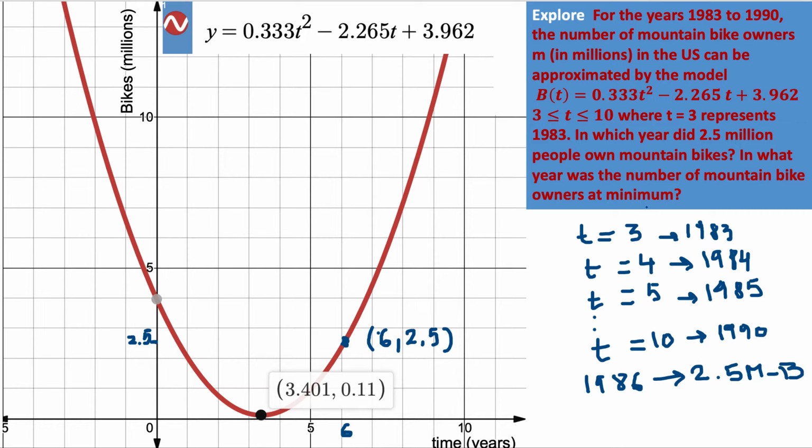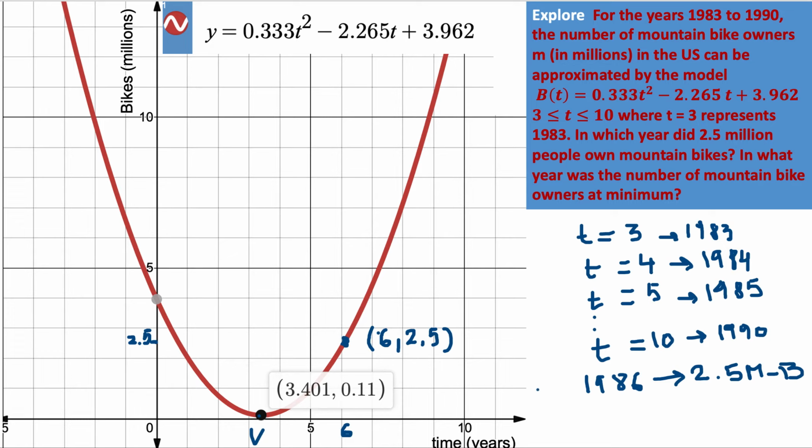And now the second question is, in what year was the number of mountain bike owners at minimum? Because from 3 to 10 is the interval they restricted, if we look at the domain, the minimum is at 3.4 and 0.11. When we have a quadratic function with a parabola concave up, the minimum represents the vertex, and this vertex is 3.401, and 0.11.